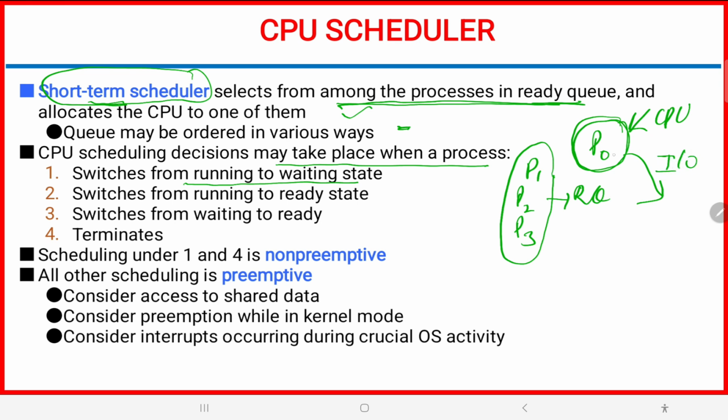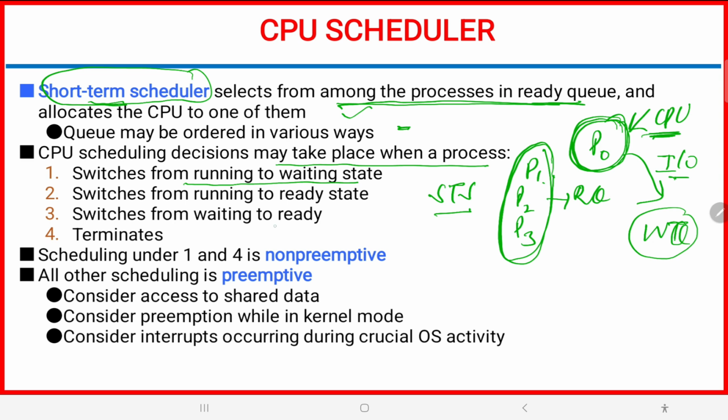In that case, this process will leave the control of CPU and will be in the waiting queue of the IO devices. So now at present the CPU is free, as the process which was over here is in the waiting queue of the IO devices. Now the short-term scheduler comes into picture. It selects one of the processes from over here and passes that process to the running state so that the CPU can execute that process.